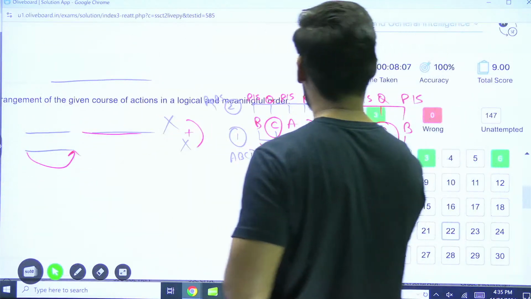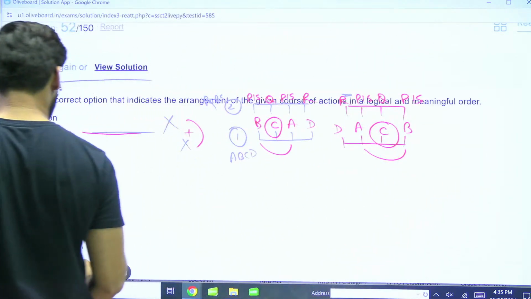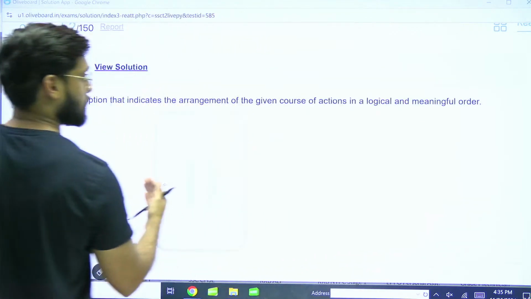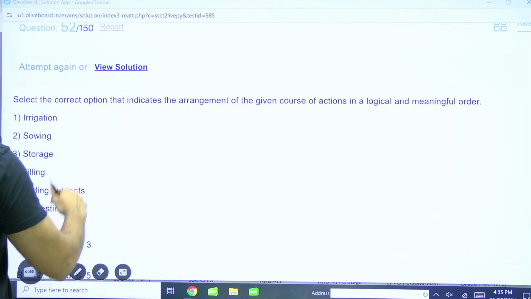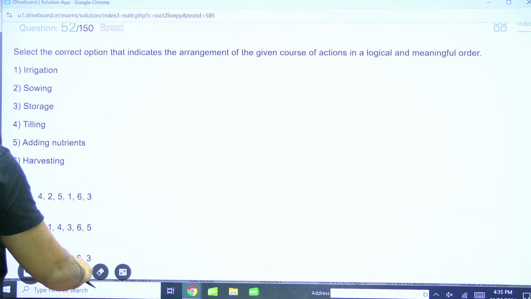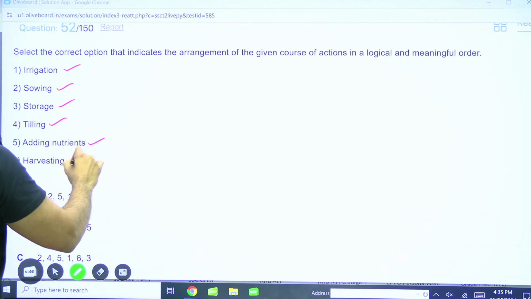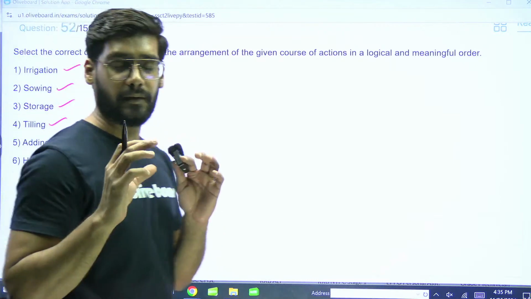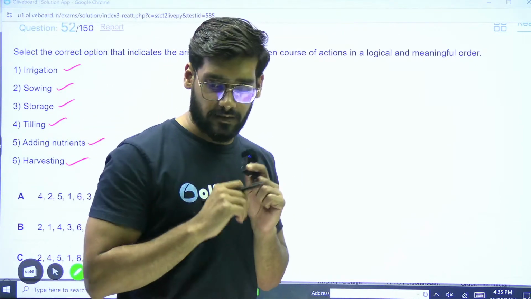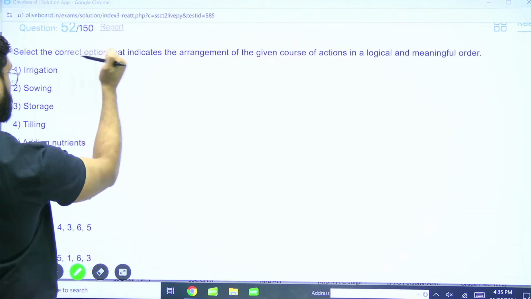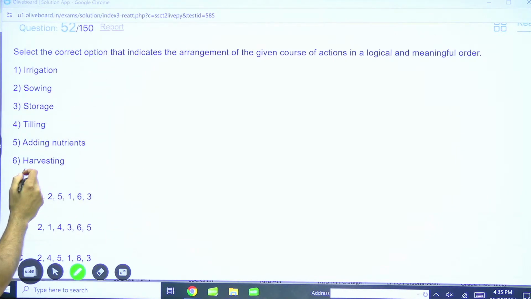22nd question on our screen. Irrigation, sowing, storage, tilling, adding nutrients and harvesting. We have to arrange them in a meaningful order. First of all, tilling should be done.